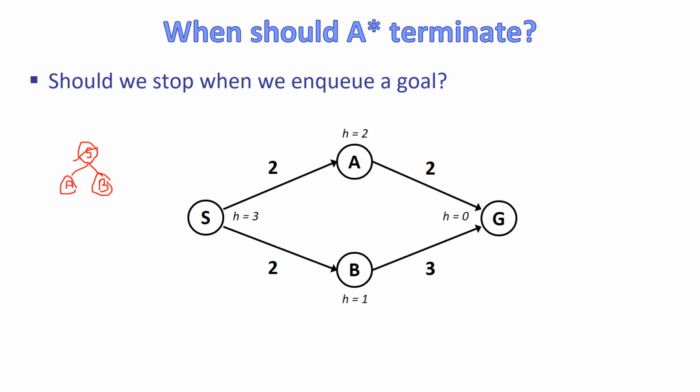No. We are doing A star here, Ghanem, right? So the cost is the backward cost plus the forward cost. For which node, Ghanem? A or B? For A. Okay. The backward cost for A is what?